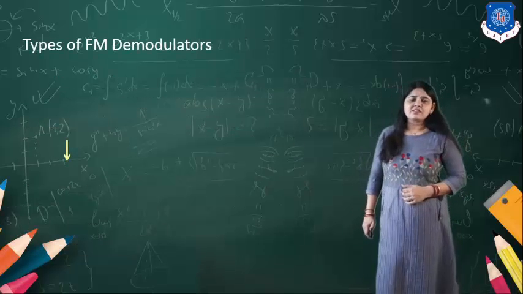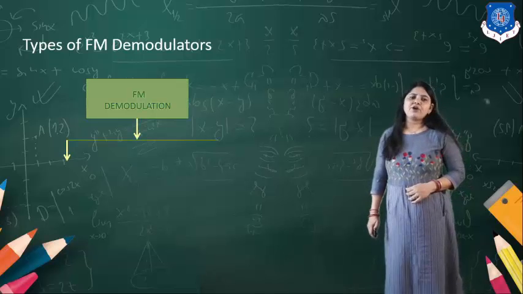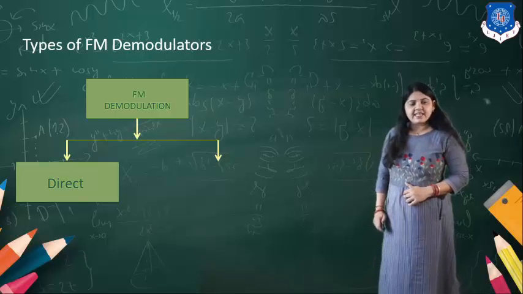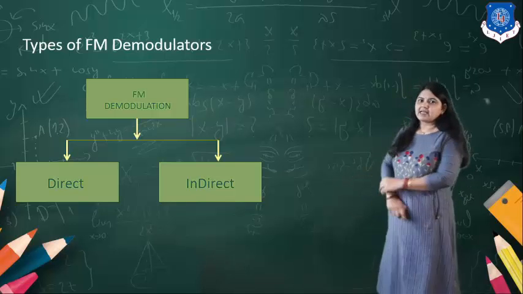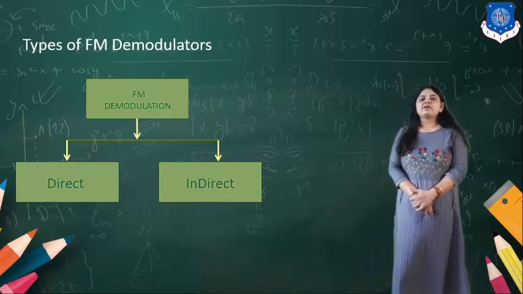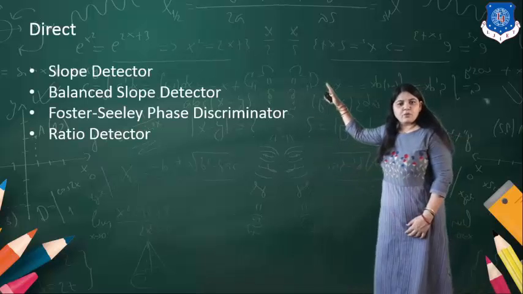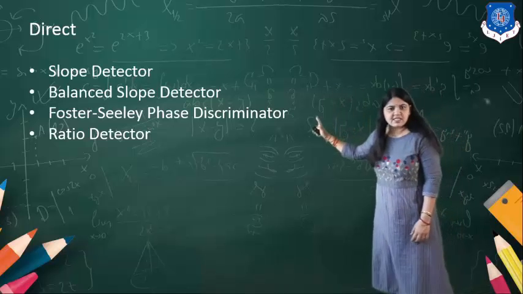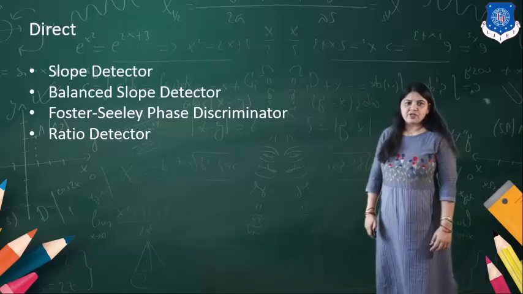There are various types of FM demodulator. FM demodulators are of two types: one is the direct FM demodulator and the other is the indirect. The direct FM demodulators are the slope detector, balanced slope detector, Foster-Seeley phase discriminator and the ratio detector.